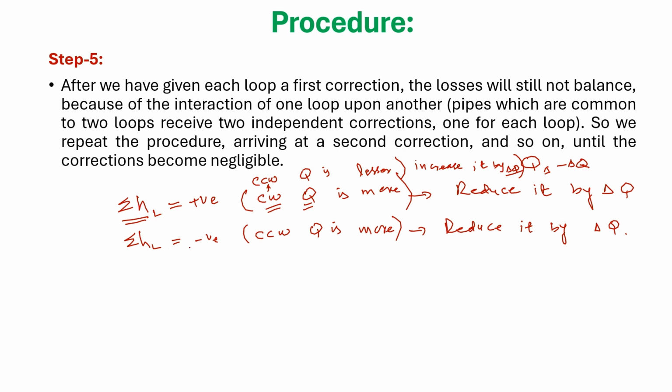And if the summation of hl is negative, counterclockwise q is more, which means clockwise q is lesser. So what will we do? We will simply increase the clockwise movement by the same amount delta q by which we reduced counterclockwise q.